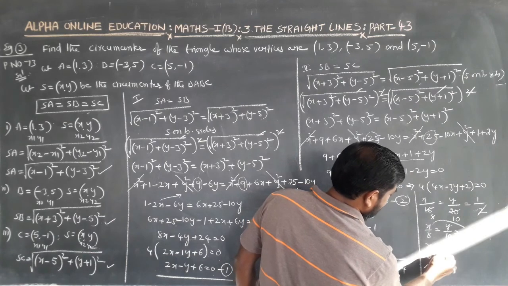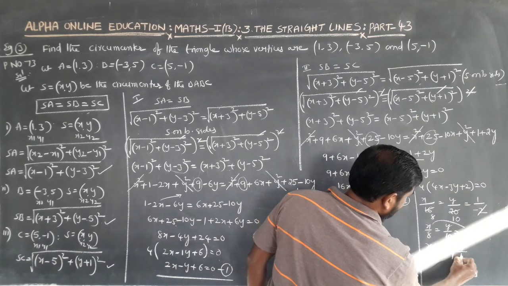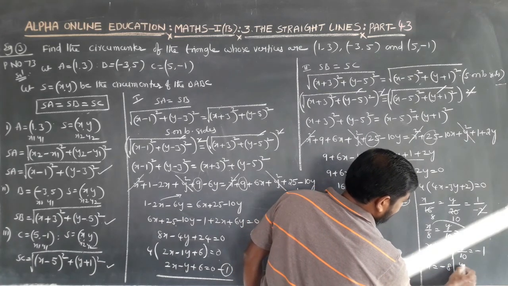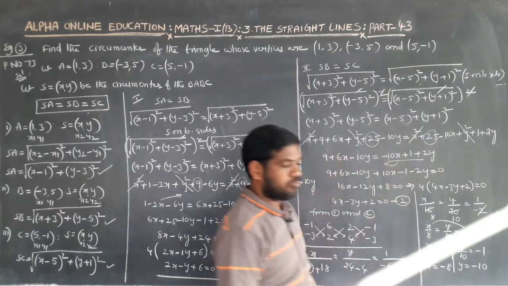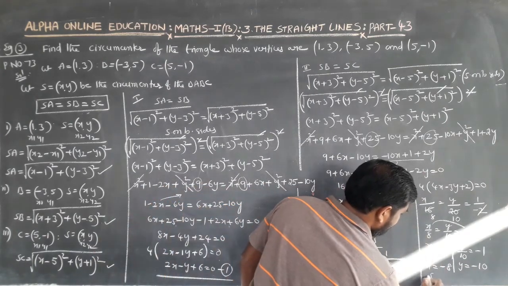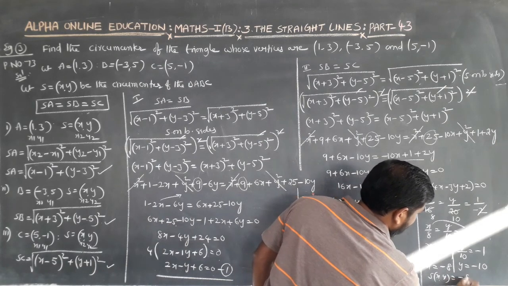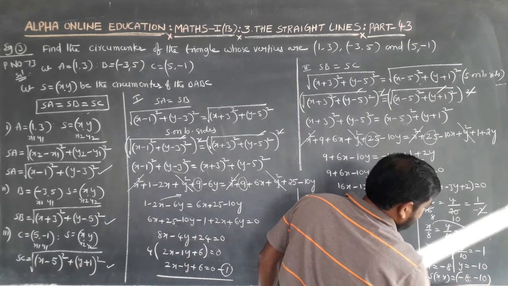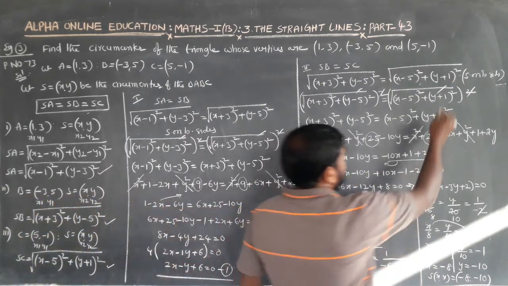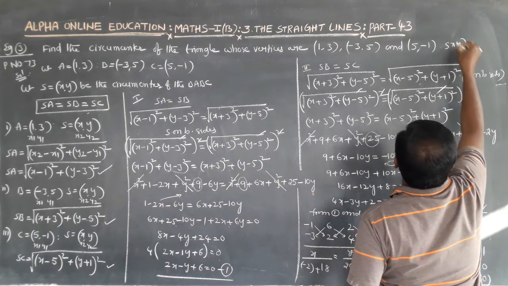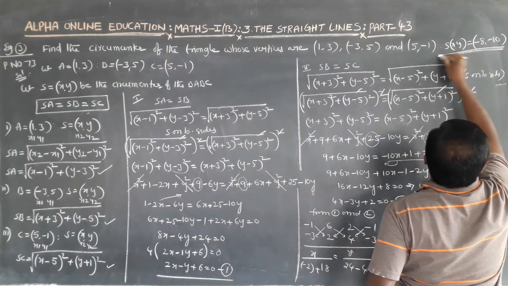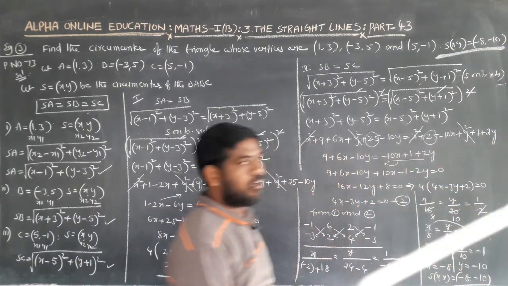Equating x by 8 is equal to minus 1, y by 10 is equal to minus 1: x is equal to minus 8, y is equal to minus 10. So the circumcenter S(x, y) is equal to (minus 8, minus 10) is the answer.